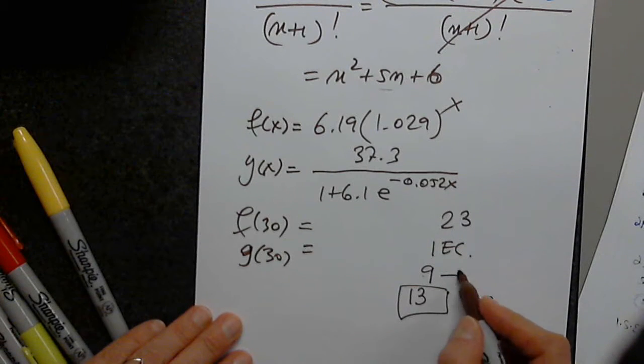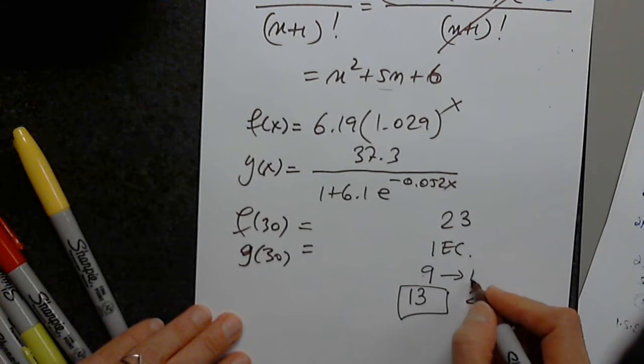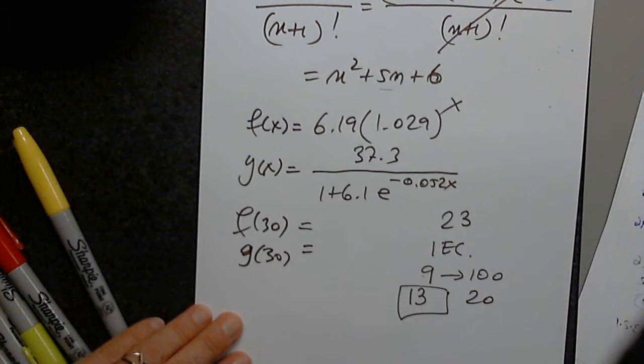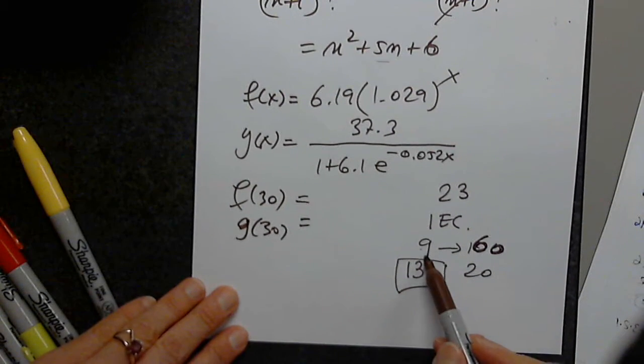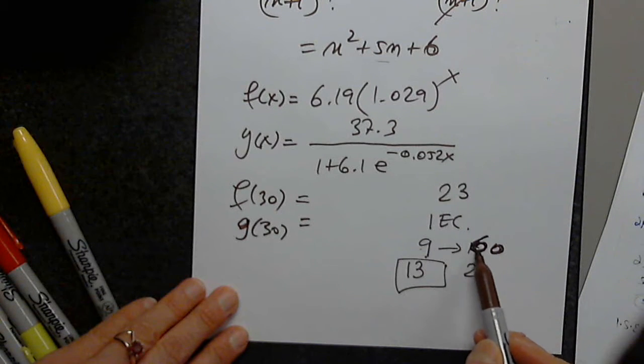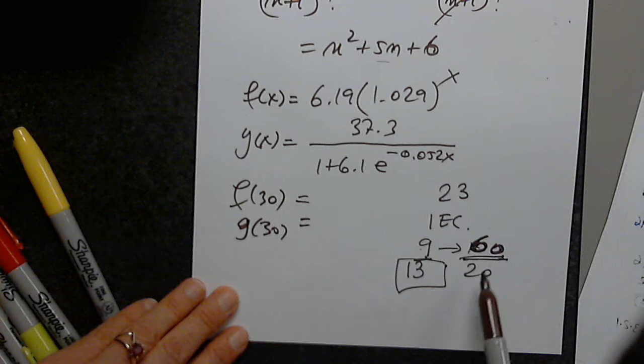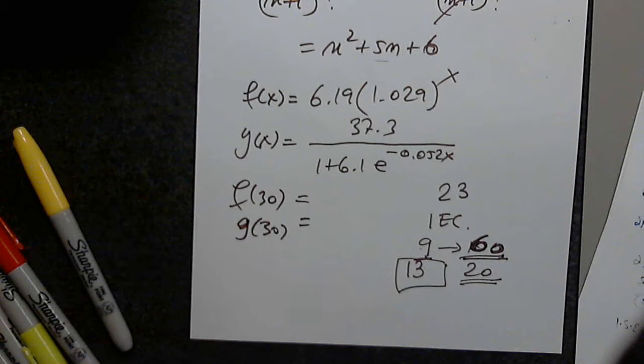This, I'm going to say an hour, 60 minutes. So 9 problems take 60 minutes, and 13 should be 1 minute each.